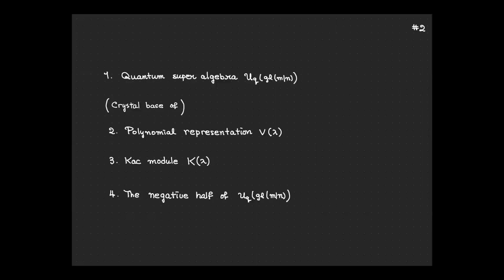So yesterday, I briefly introduced the quantum superalgebra associated to GLMN. And then we talked about the crystal base of a certain family of finite dimensional irreducible representations, not all of them, but very special ones, which arise from the Schur-Weyl duality, so-called polynomial representations.